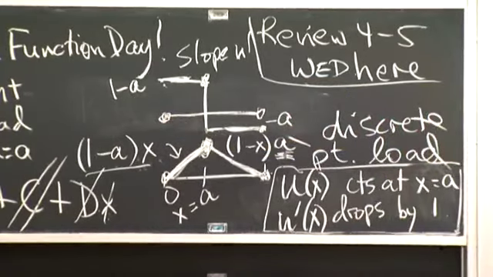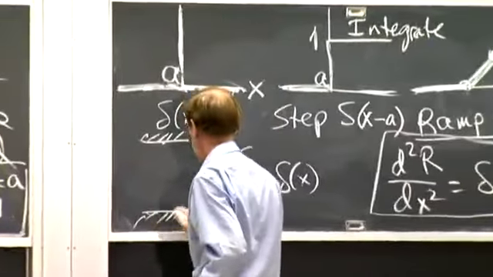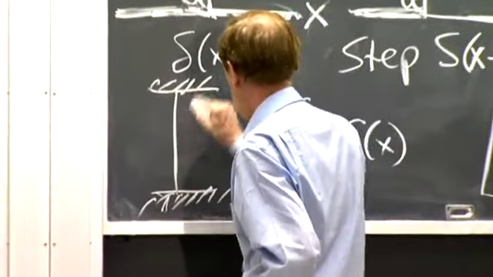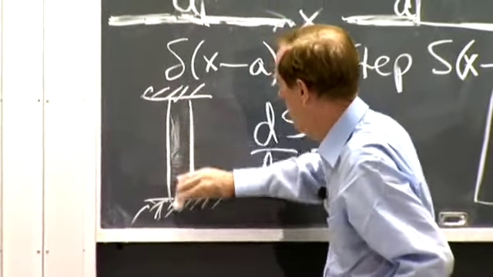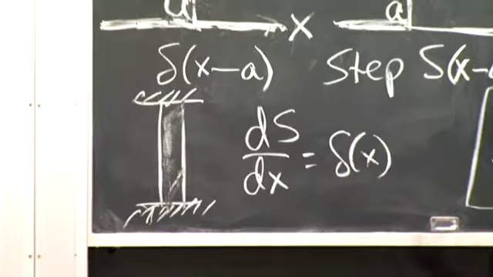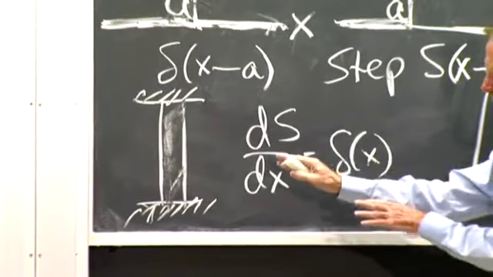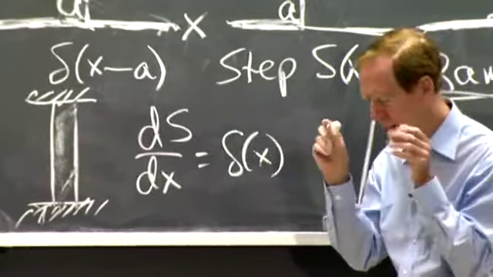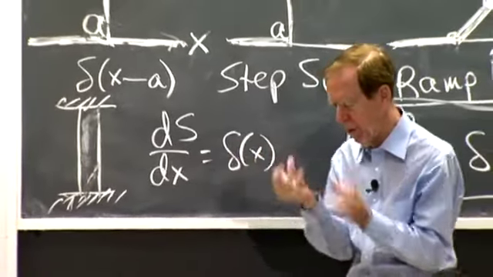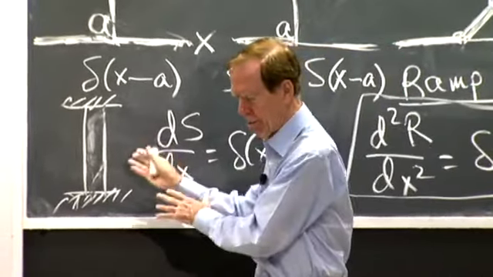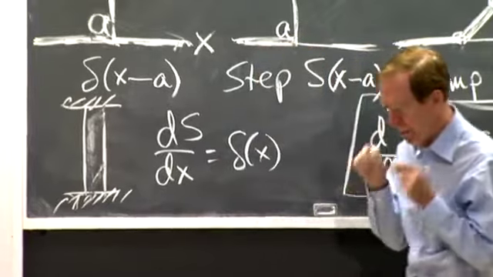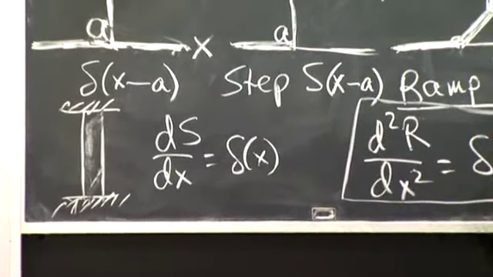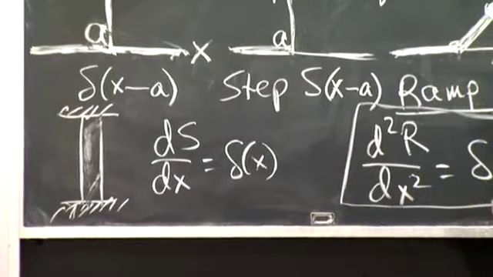I guess if I just imagine a bar, I'm fixing it at both ends. Okay, there's a bar. And I'm just thinking for people who like to see a physical picture of what's happening. That's what this is. We'll do it properly very soon. Okay, I've got a bar.